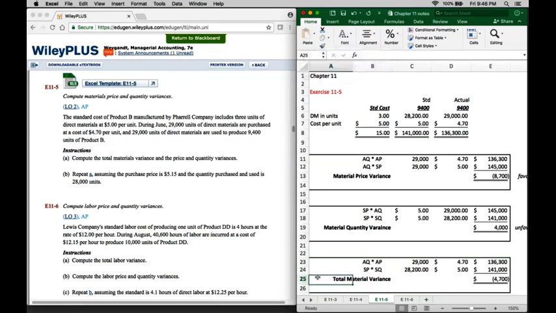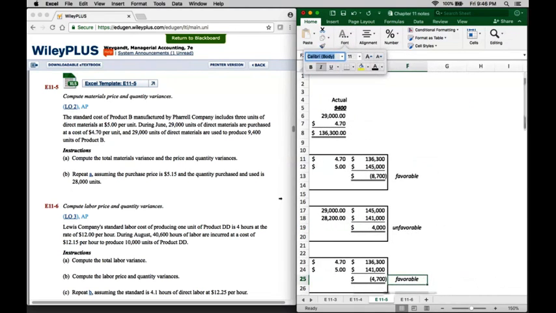The total material variance is the price variance and the quantity variance put together. So when you add up these two numbers, I have 8,700 favorable, 4,000 unfavorable. When you add the two together, the net is going to be 4,700 favorable.